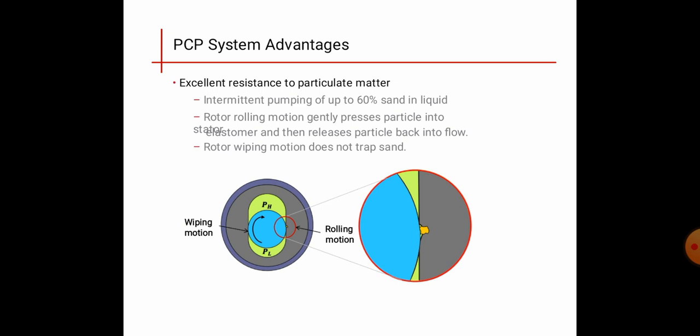A rotor wiping motion does not trap the sand. So PCP has the capability to handle the sand. So it is an important method for the secondary recovery.